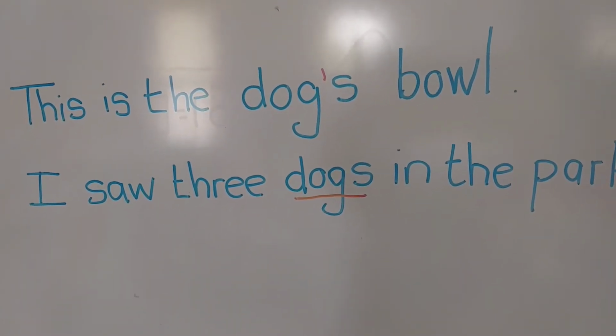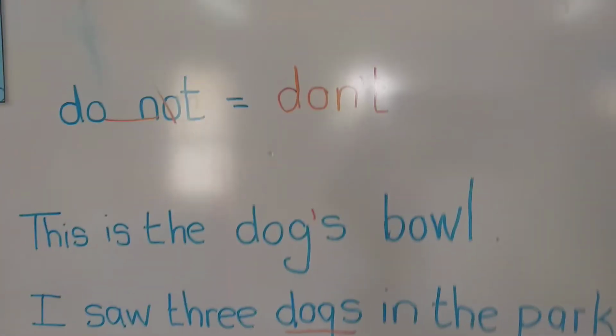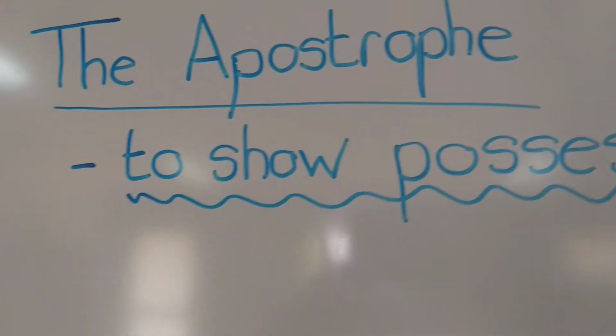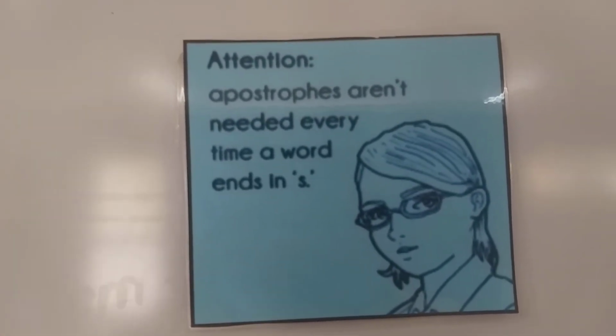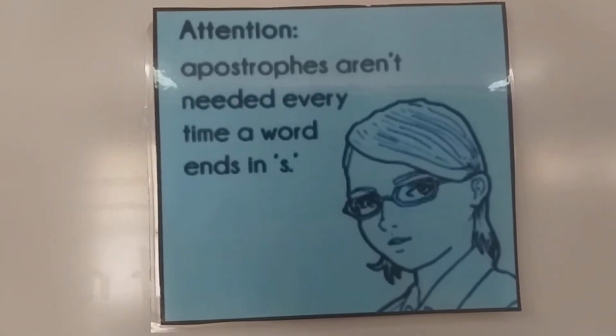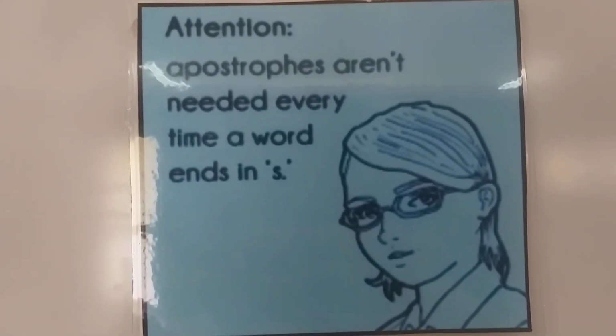I must let you in on a secret. Teachers actually cringe when we do the apostrophe to show possession because of this. Every time we teach this lesson, children think that every word that ends in an S must now all of a sudden have an apostrophe, and that is just not the case.